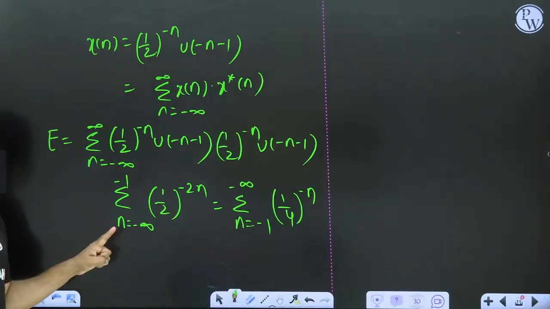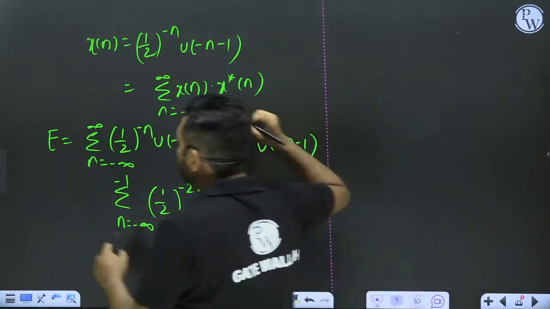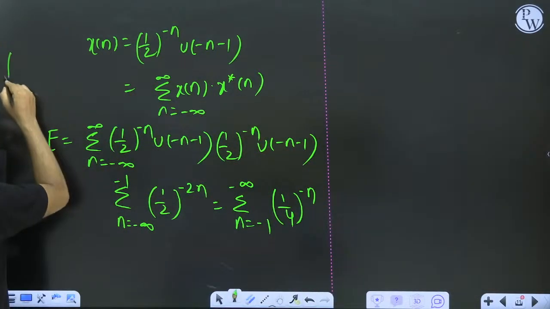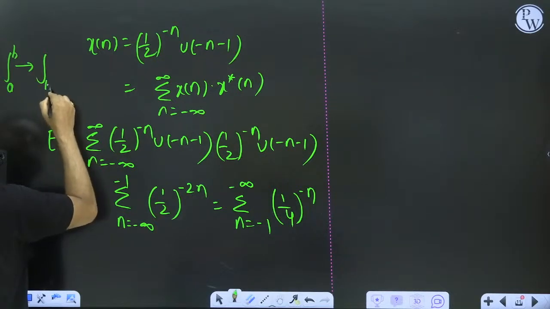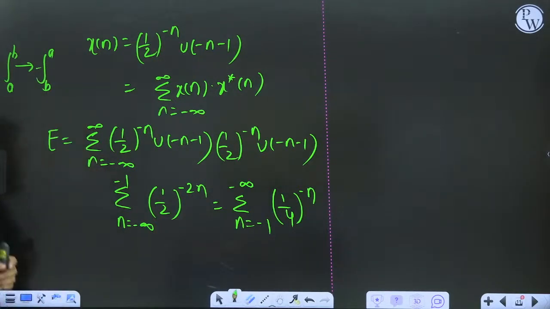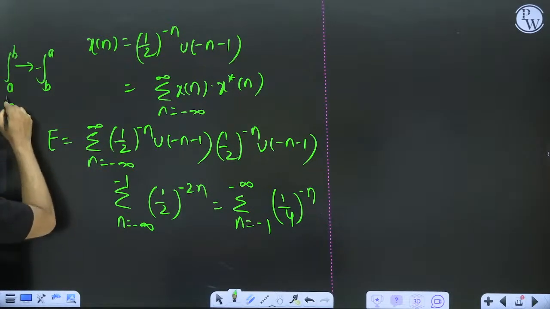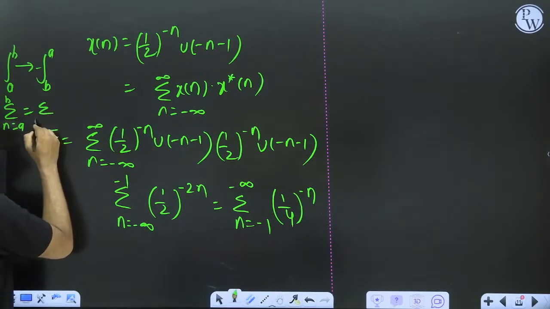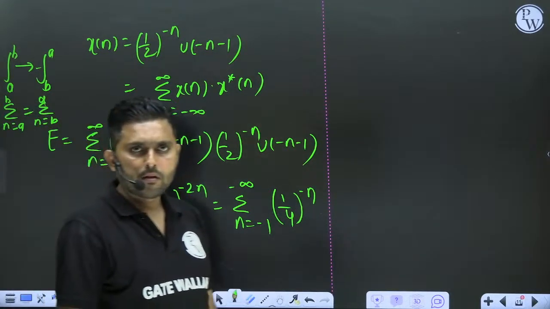See, in the summation limit, in integration, listen carefully, in integration, if I put a to b, and suppose I change the limit from b to a, then I have to put a minus sign. No problem. But in summation, if the summation is n equal to a to b, then it is the same as the summation n equal to b to a. Exactly the same. No minus sign.